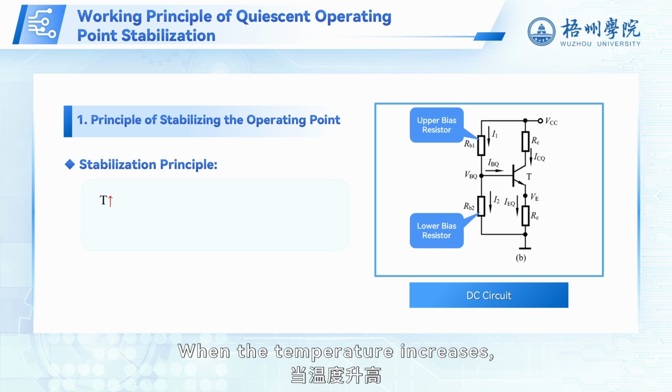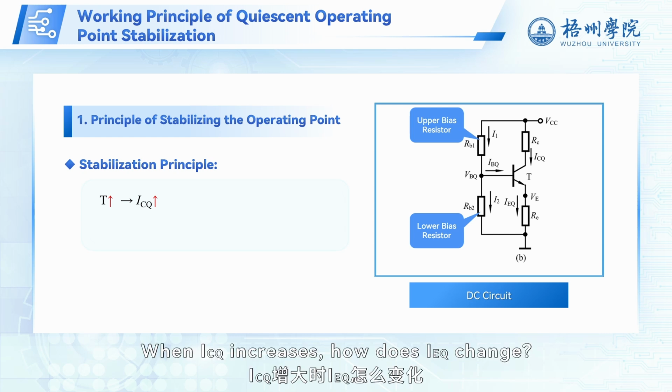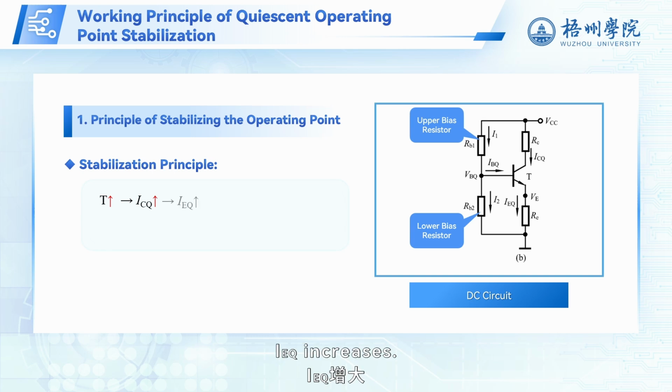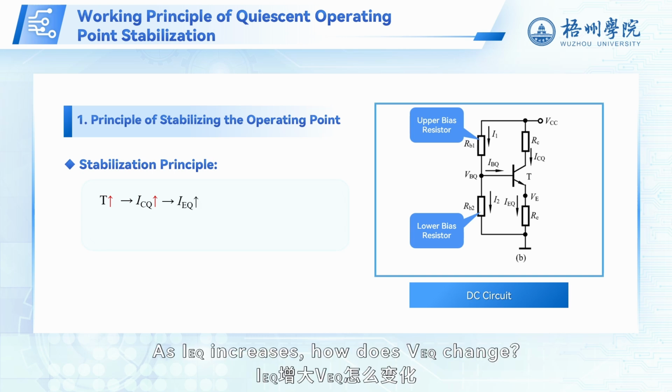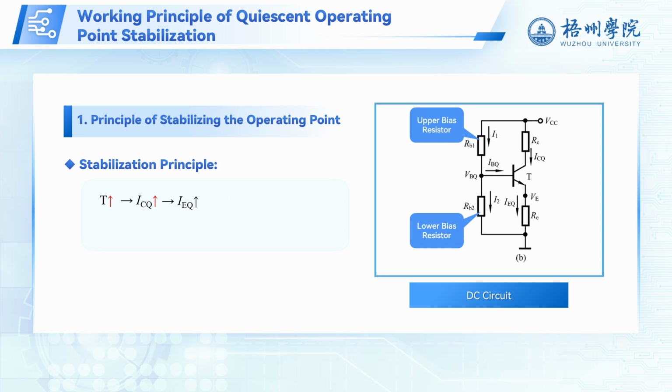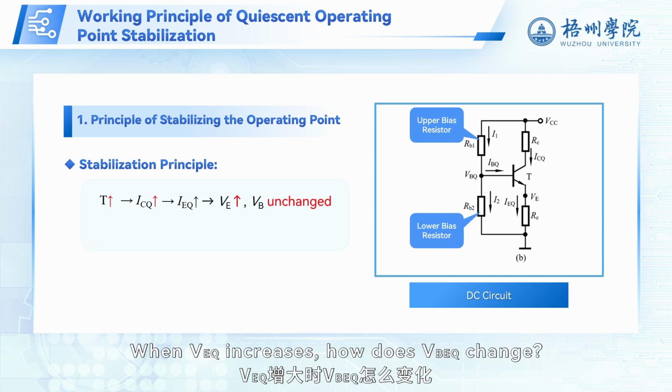When the temperature increases, how does ICQ change? ICQ increases. When ICQ increases, how does IEQ change? IEQ increases. As IEQ increases, how does VEQ change? VEQ rises. When VEQ increases, how does VBEQ change?